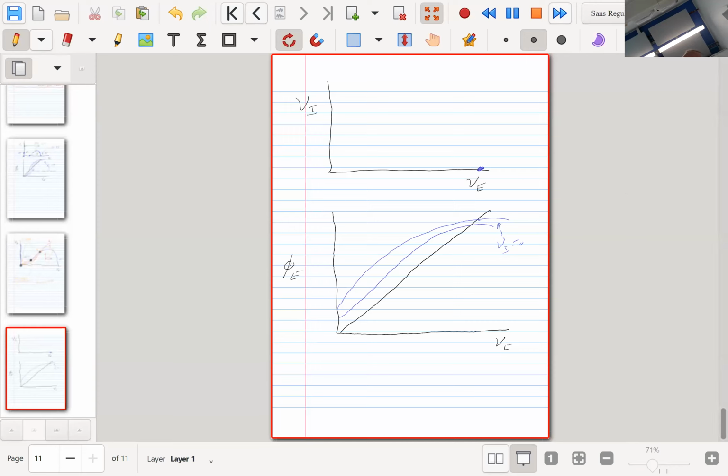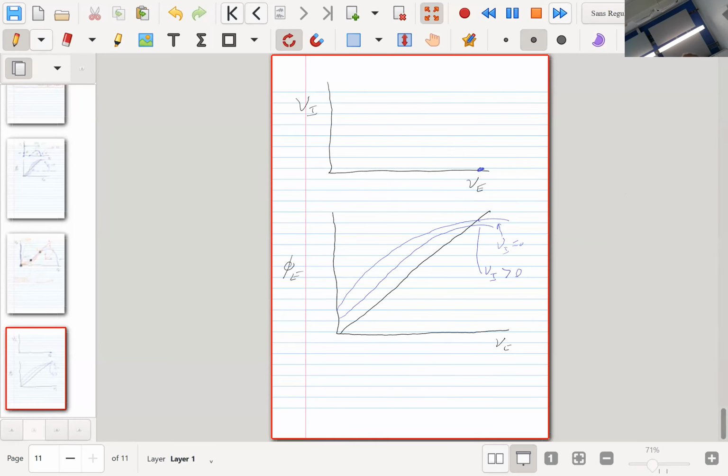So higher nu I, this is nu I greater than 0. We get a point here in the nullcline. And eventually, this is nu I larger.